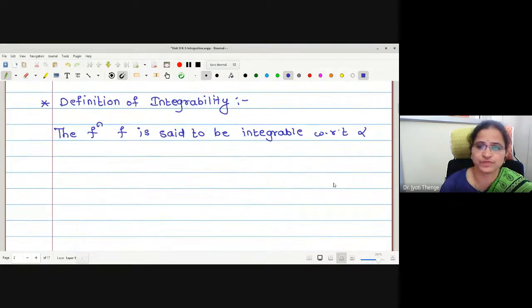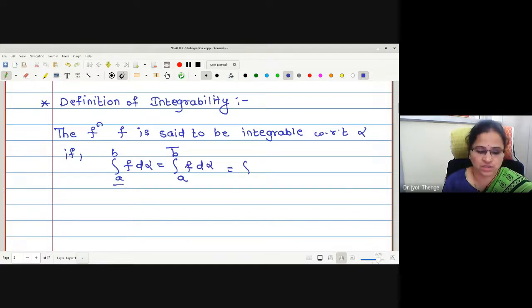With respect to x we were writing, now with respect to alpha, if the lower integral of f d alpha is equal to the upper integral of f d alpha, which is equal to the actual integral of f d alpha. And whenever the function is integrable, we write this as f belongs to R alpha of the closed interval AB.